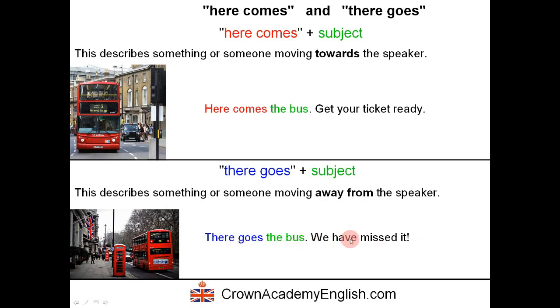Okay, so we are describing the bus moving away from us. Okay, so this is like an alternative present tense. Notice that this is the present simple. Comes, goes. So this is the third person singular of the present simple.